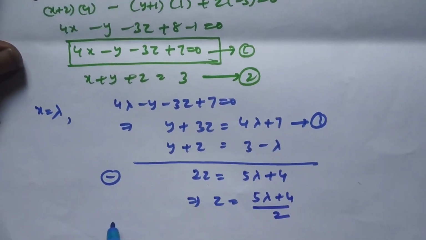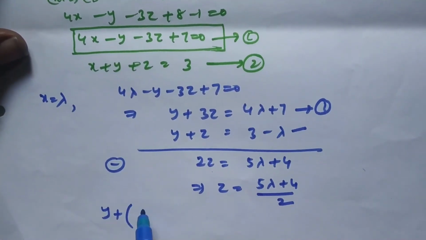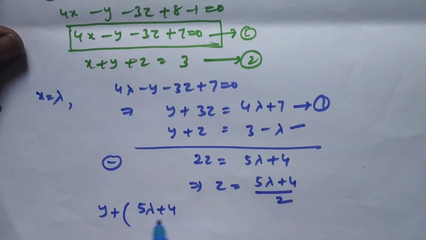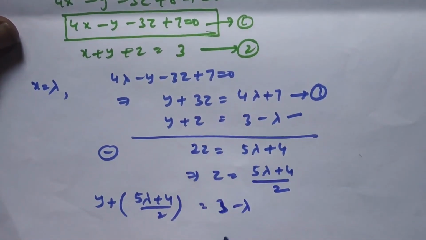Substitute z in the above equation, we get y plus, what is your z, 5 lambda plus 4 by 2, is equal to 3 minus lambda.